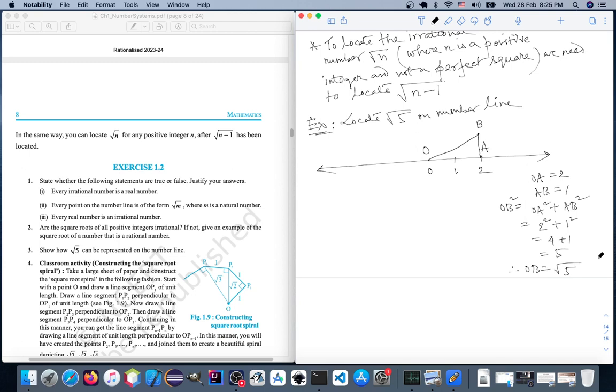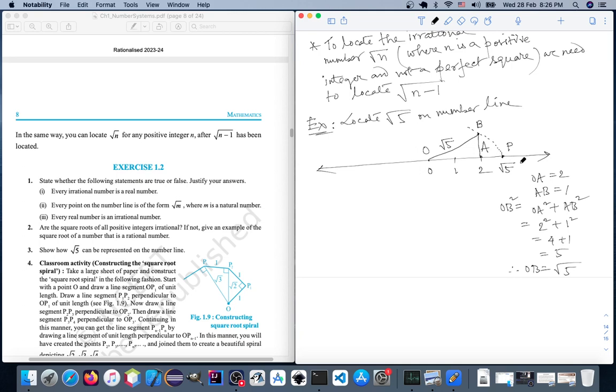The length of OB will be root over 5. And now, with OB as radius and center at O, using a compass, we will draw an arc that will intersect the number line at a point P. And obviously, we will have OB equals OP, so the length of OP will be root 5. So the point P on the number line will now represent root over 5.